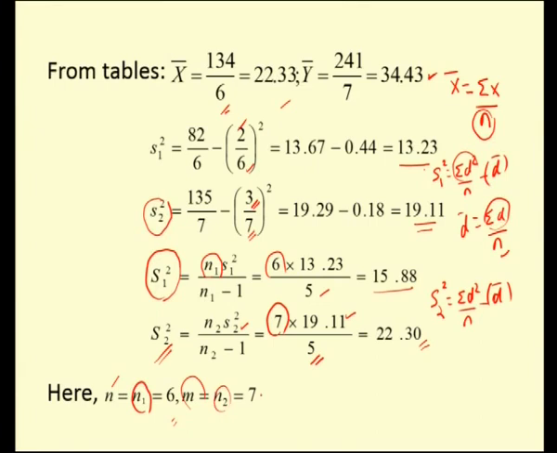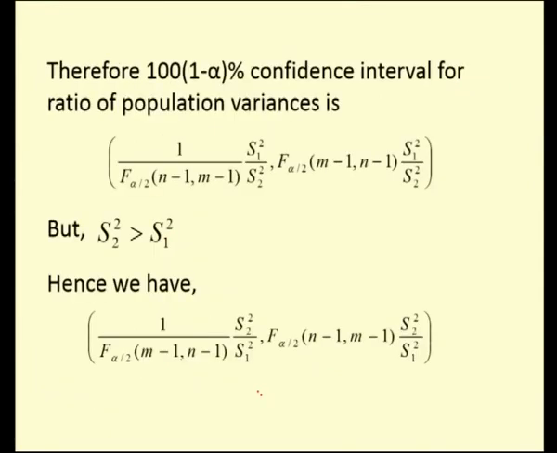Now let us see what happens. The 100 into 1 minus alpha % confidence interval for the ratio of the population variances is given by 1 divided by F of alpha by 2, n minus 1, m minus 1, S1 squared by S2 squared, and F alpha by 2, m minus 1, n minus 1, S1 squared by S2 squared.